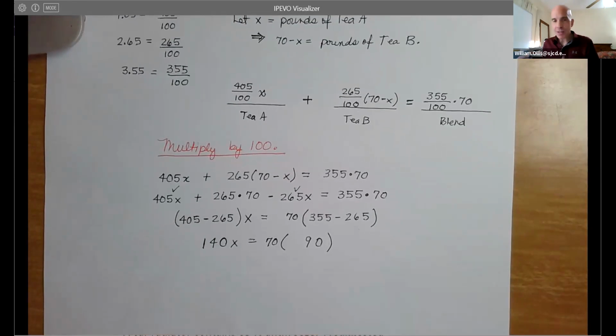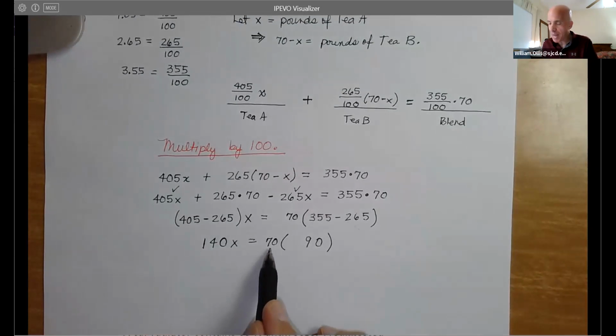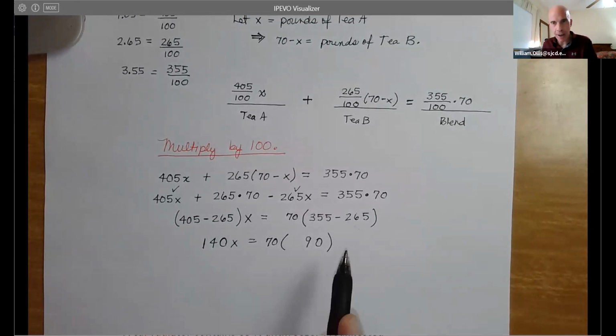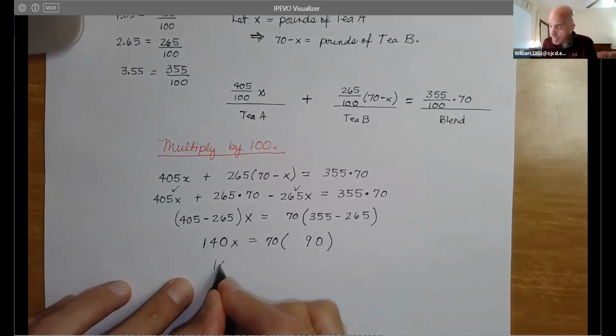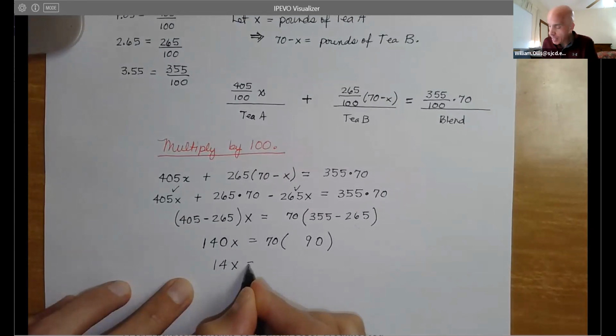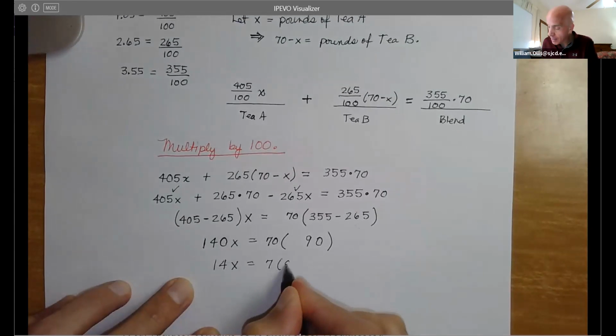Now, you see we have common factors here. So I'm going to do them one at a time. First, I'm going to divide both sides by 10. So you can either divide this by 10 or this one, but not both. So I'll get 14x equals 7 times 90.